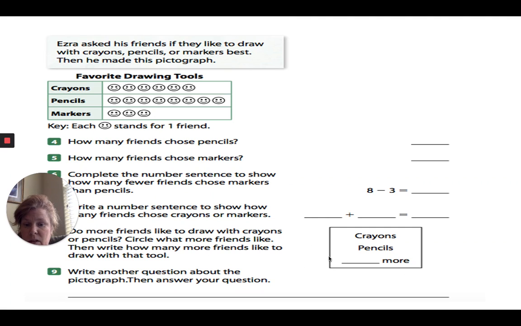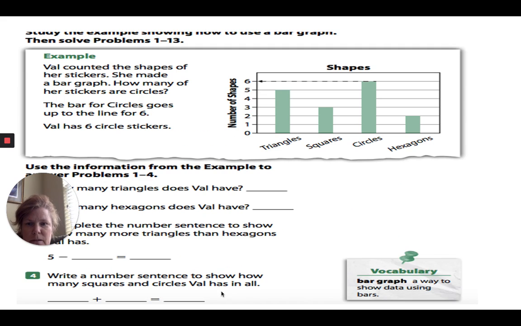So you have more pencils than crayons, but how many more pencils do you have? And then this right here is always so fun for me, and you guys always liked it too, to write your own questions.